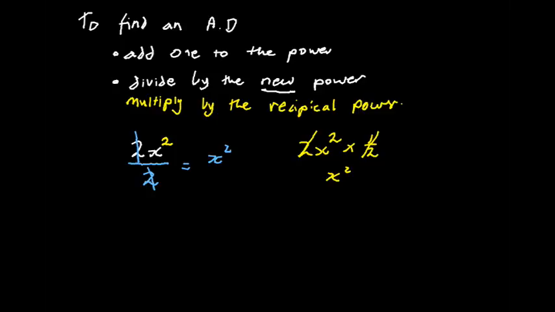Let's have a look at another quick example. So if we have 4x cubed, finding the antiderivative of it, we add 1 to the power. So instead of 3, it's now a 4. The 4 doesn't change, but now I'm going to divide it all by 4 because that's my new power.